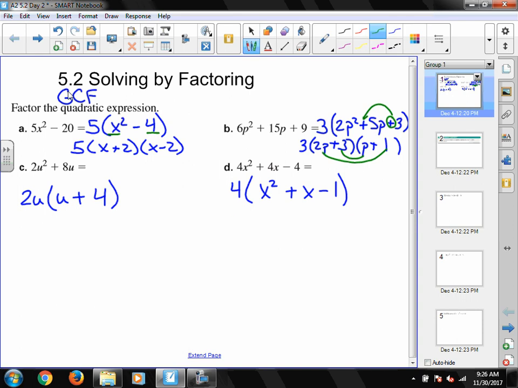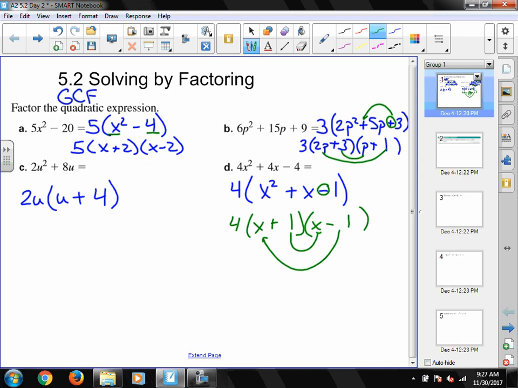Now, if I try and factor this, this is one of the ones where the number in front of x squared is 1, so this makes it nicer for us. I see a negative back here. That's going to mean opposite signs for me. And I need factors of 1 that add up to positive 1. Well, if I put a 1 and a 1 here, because that's the only thing that's going to multiply to 1, then I'm going to get plus x minus x.